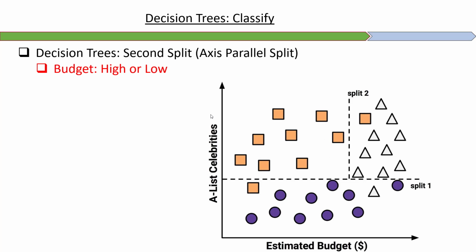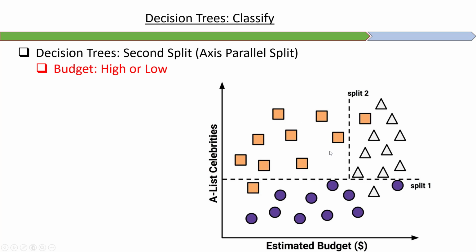So you made the first level of split, and now we are going to go ahead and make a second level of split. The second level of split is based on budget, whether the budget is high or low. Once we make the budget based split, the split 2 shown as a dashed line here, we have neatly grouped most of our data points into homogeneous groups.